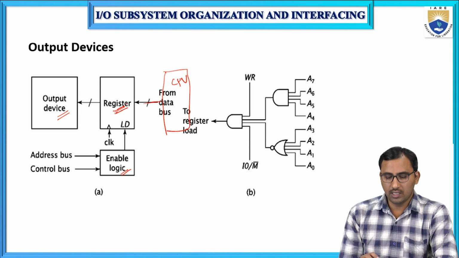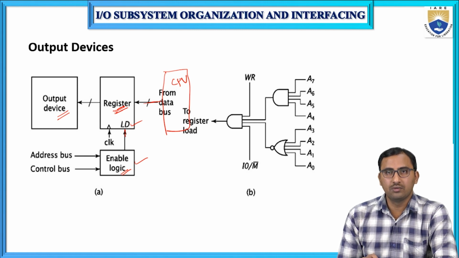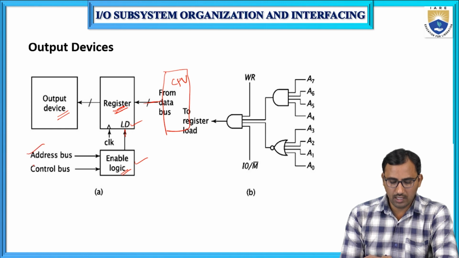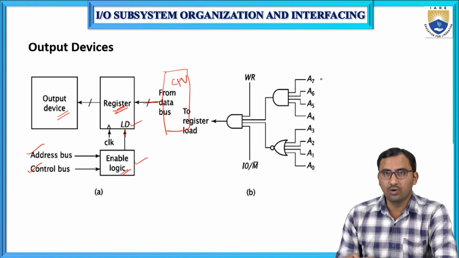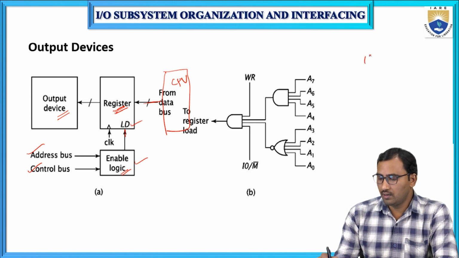The registers will be active whenever they receive a load signal, LD. LD means load the data. So it is the same operation. The enable logic will generate a load signal for the correct values of the address bus and the control bus. Here also the output device is mapped at an address, 11110000.